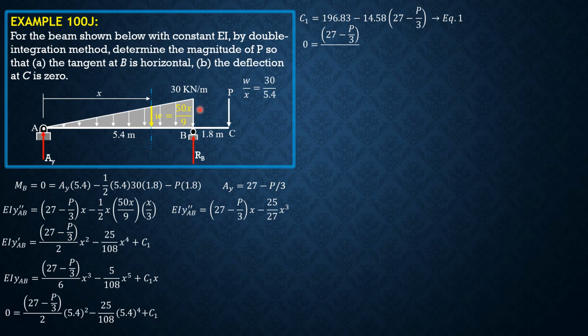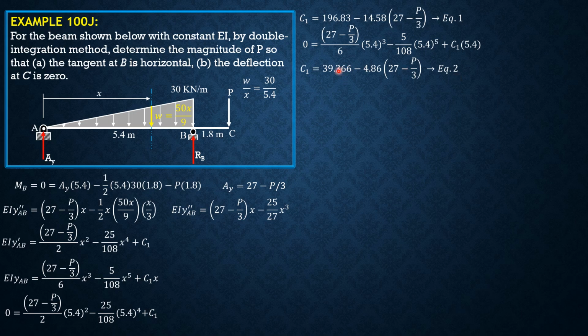So for the condition deflection at B is 0 into this equation: quantity 27 minus P over 3 times 5.4 cubed over 6 minus 5 over 108 times 5.4 to the 5th plus C sub 1 times 5.4. So this value, 5.4 to the 5th over 108 divided by 5.4, so C sub 1 is equal to 5 over 108 times 5.4 to the 5th over 5.4, that's 39.366. Then 5.4 cubed over 6 divided by 5.4 is then, transposed, negative 4.86 quantity 27 minus P over 3, equation 2.